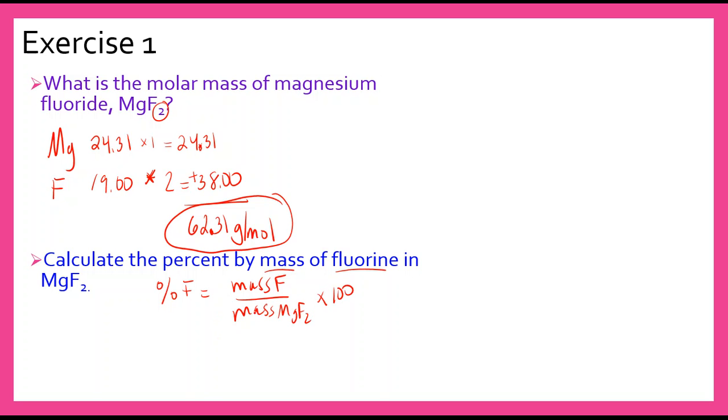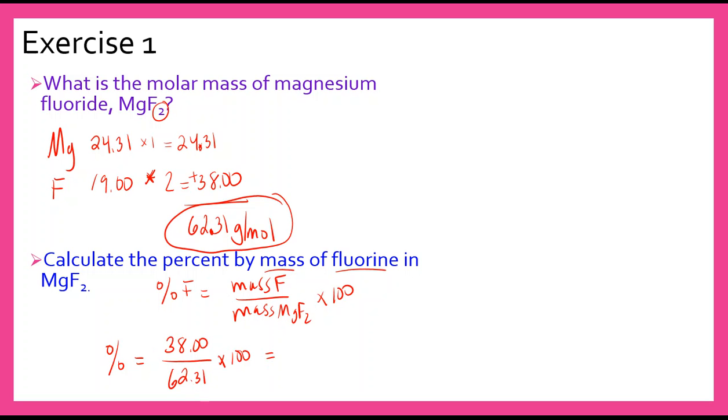Now, you don't have to write this part out. I just want to show you how I'm applying that equation. What you would need to write out here is the 38, the mass of the fluorine over the entire compound. This is the work that I would need to be shown.